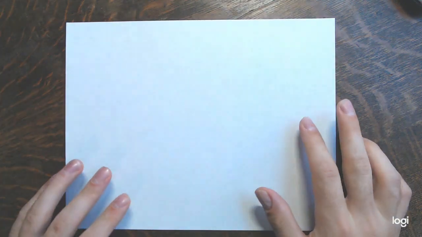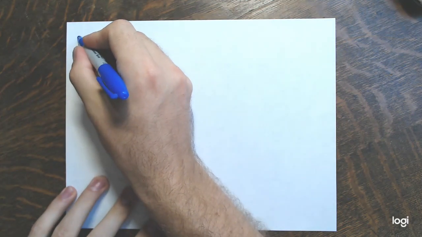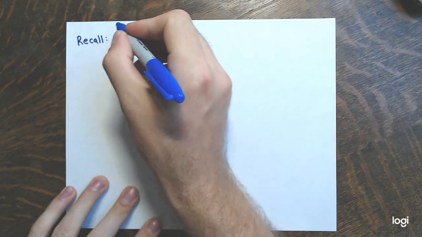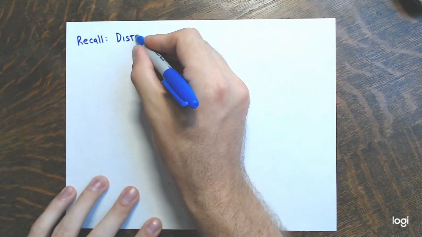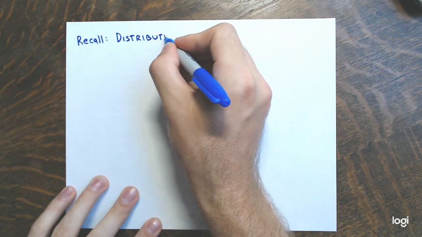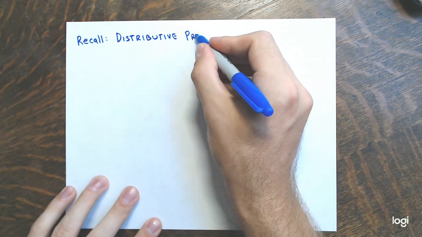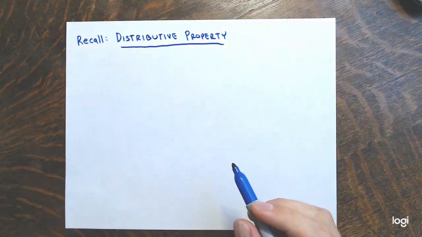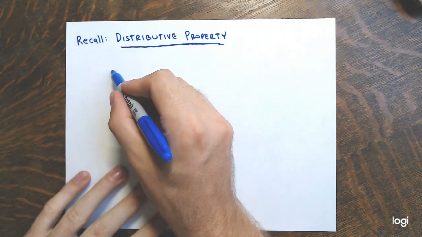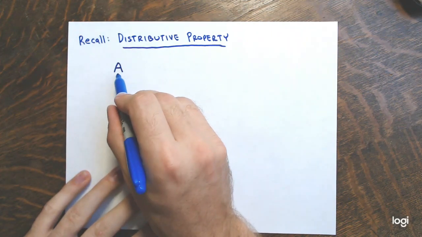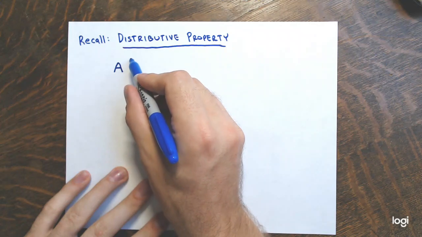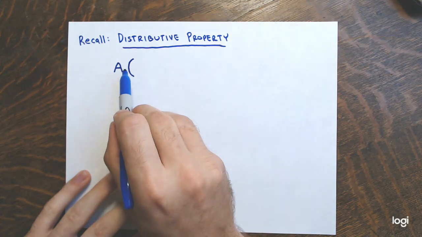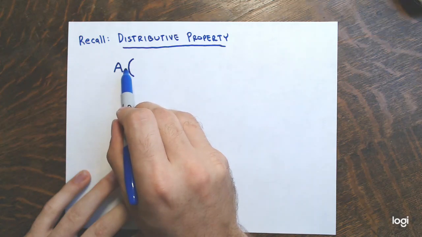All right, so hopefully you recall what the distributive property is, and I'll just write that here. The distributive property for real numbers is if I were taking some expression representing a number called a, and multiplying it by, notice there's no plus or minus in between here, so there's touching that's implied, multiplication.